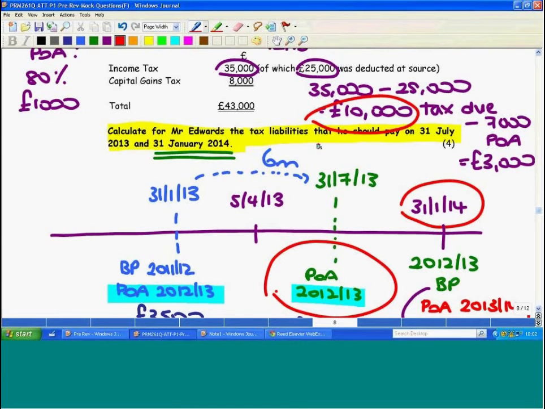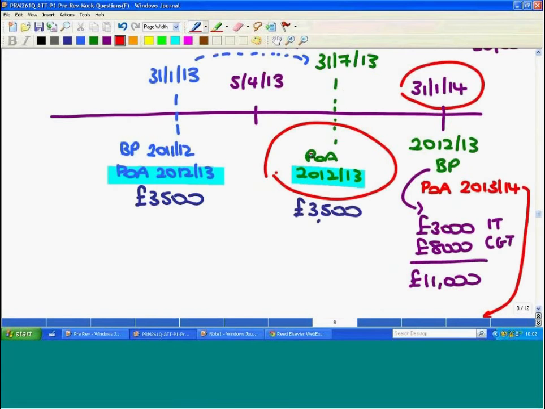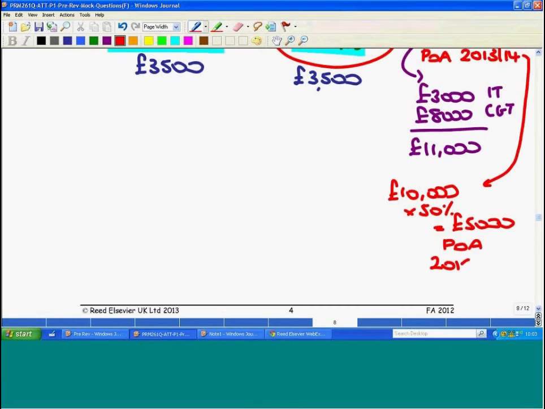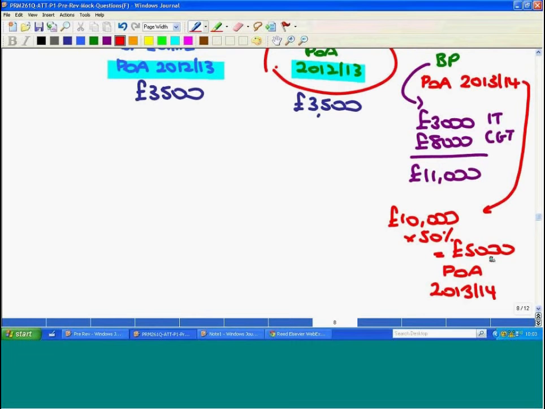Now remember, the payment on account isn't tax deducted at source, it's an advance payment of tax, so we're not taking this into consideration here. So when we come to do our payment on account, we're looking at what was left over, and again, we're taking 50%, so we've got to pay £5,000 as a payment on account, and that's in advance for the 13-14 tax year.